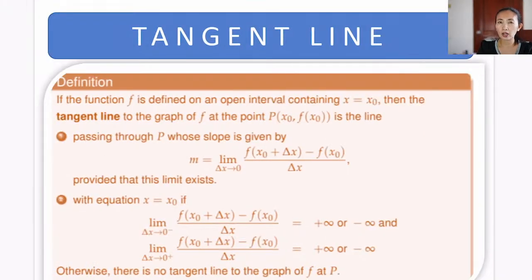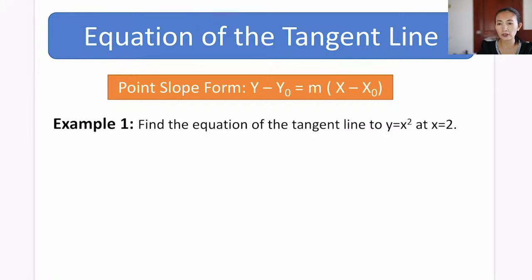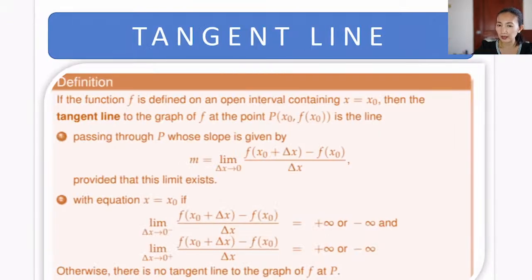Okay, and recall also that to find the equation of the tangent line, going back to the previous slide, the tangent line passes through point P. We now have a point, and the slope we could determine by using the formula, limit of f of x naught plus delta x minus f of x naught all over delta x as delta x approaches 0.